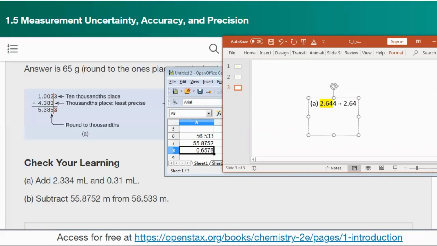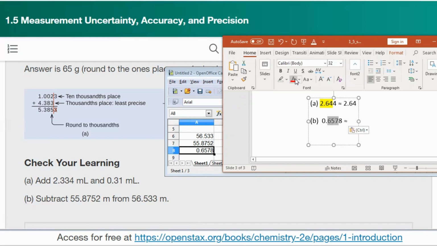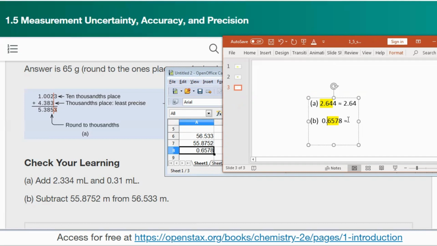So now let's do B. And the number is 0.6578. And again, note, we only want 3 numbers past the decimal point, just according to our rules that we were given for doing subtraction and addition.